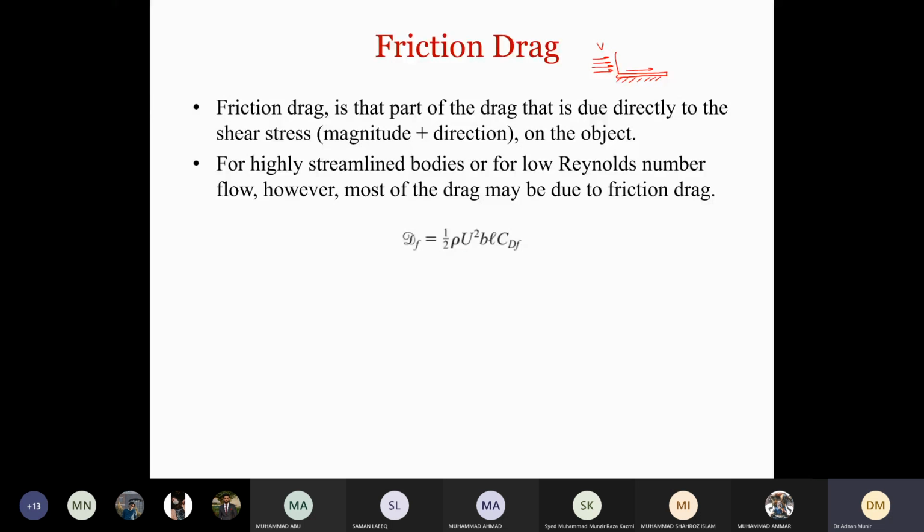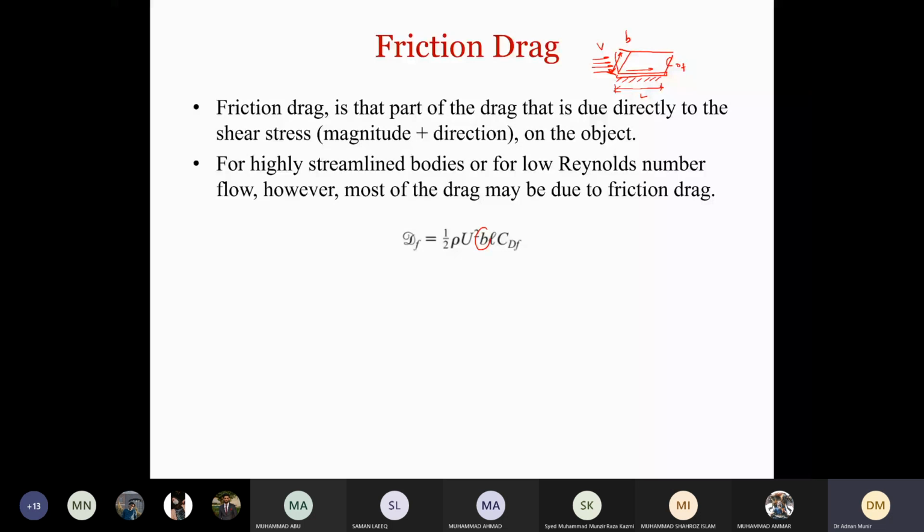So this CDF is the drag coefficient because of shear force, right? And the length of the plate is L, and this B is the width of the plate, in this direction.